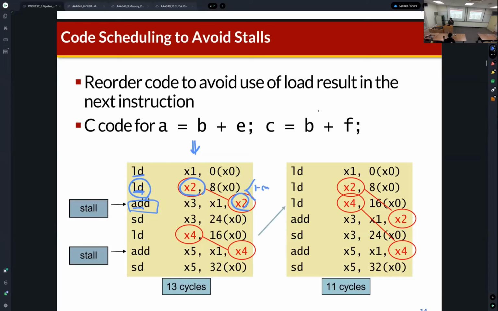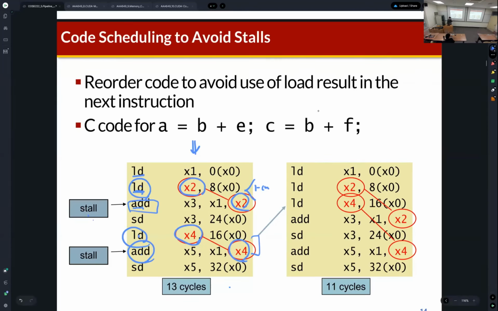It's the data hazard. Also, another data dependency is observed between this load and the add instruction, so another cycle is wasted. So because of the data hazards between the load and add instructions, two cycles are wasted.